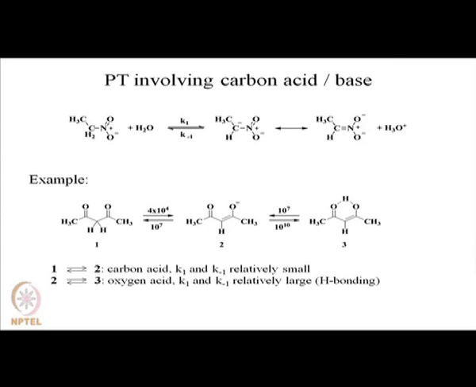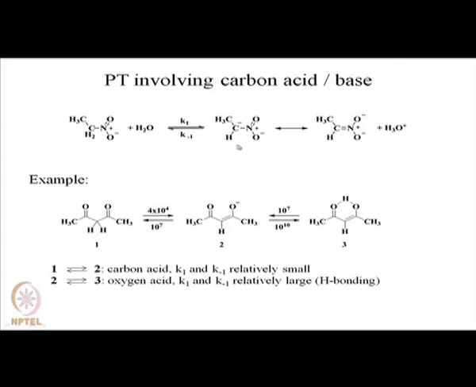Proton transfer involving carbon acids or carbon bases. One example is given here: CH3CH2NO2. In water, the forward reaction is basically this hydrogen being taken and H3O plus generated, and then it is a resonance hybrid of these two.